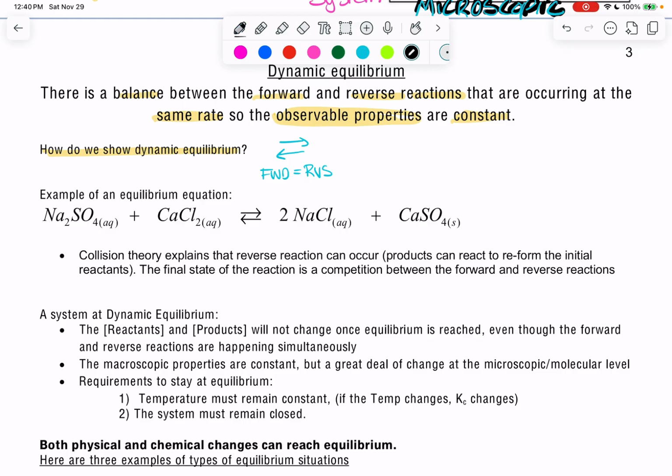If the reverse reaction arrow is much larger than the forward reaction, we say that the reverse is greater than the forward reaction. If the forward reaction is much larger than the reverse reaction, that means that the forward reaction is greater than the reverse reaction. Easy peasy, right?